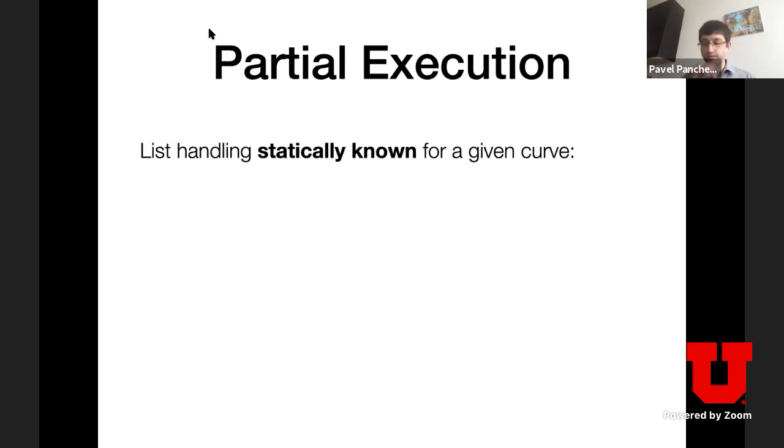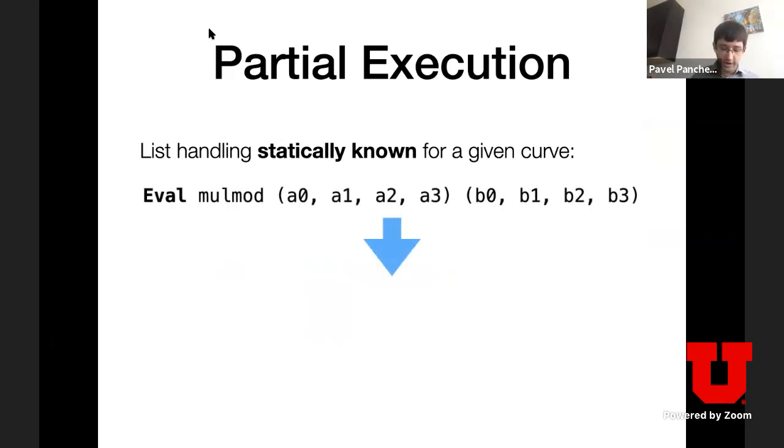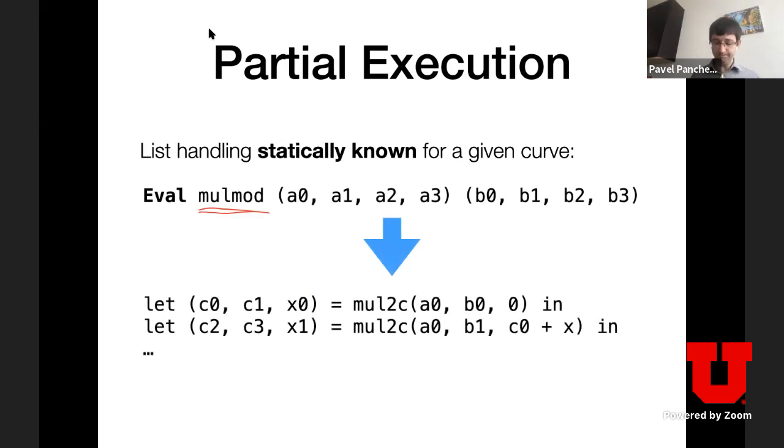So in effect, what you want to do is symbolically evaluate this high level code, given known parameters for the number of coefficients in the crypto system you're using. So you want to take this multiplication code, you want to statically evaluate it.